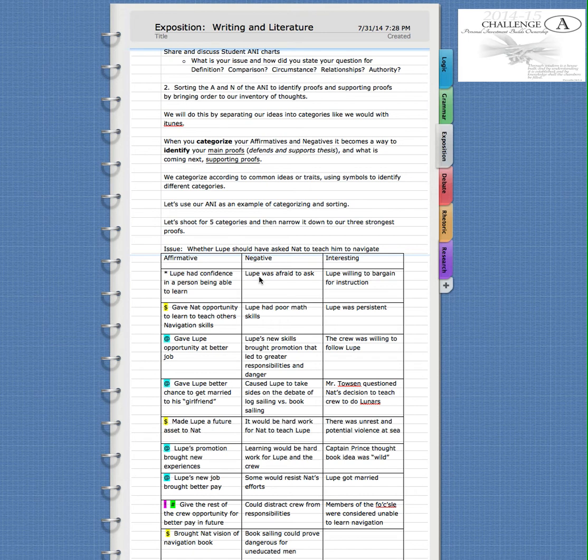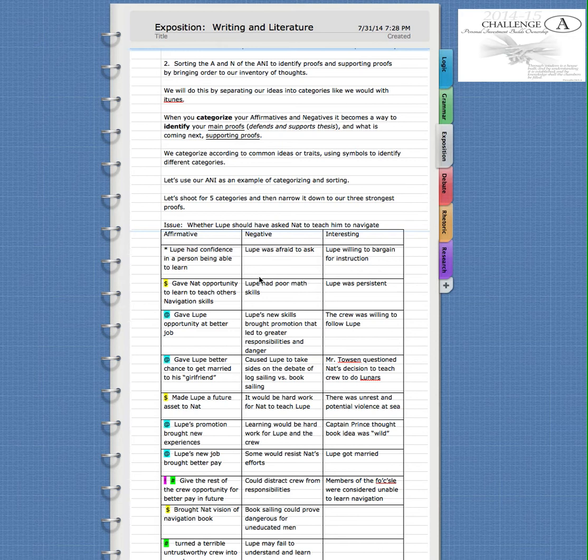But they say, have your students practice doing the affirmative and the negative. This will prepare them for the future when they need to be able to foresee possible objections and know how to respond to them.